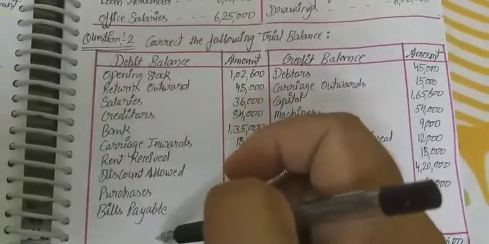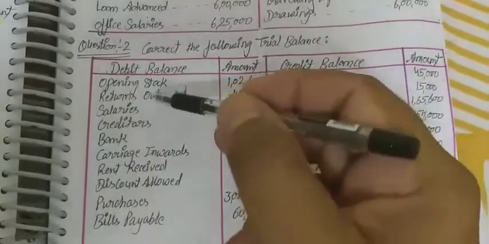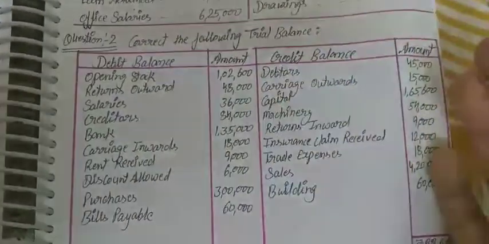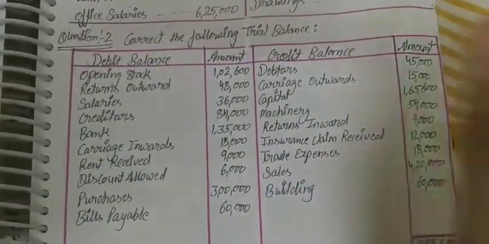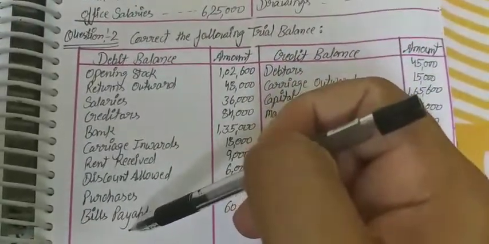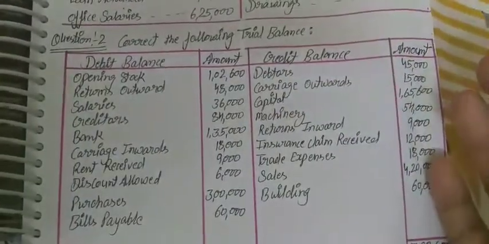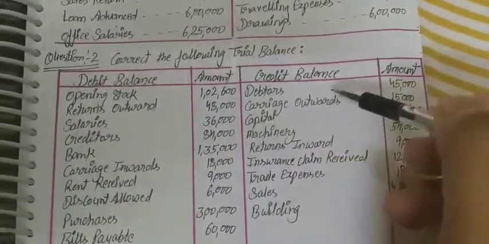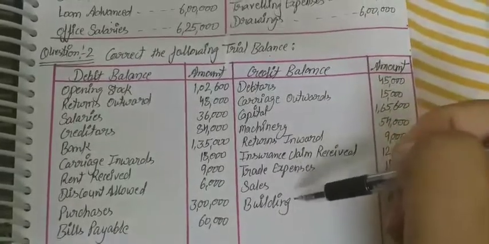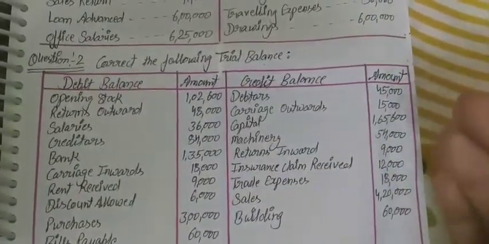These are the debit balances, but some wrong transactions are written in the debit side which are credit. Are you getting my point? Some transactions are recorded in the debit side that belong to the credit side. And similarly in the credit balance, some transactions are recorded in credit side which belong to the debit side.